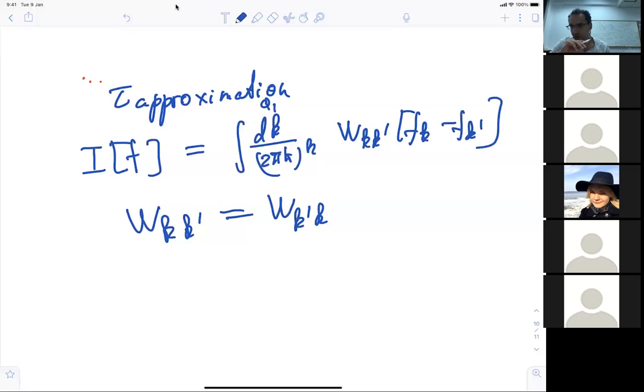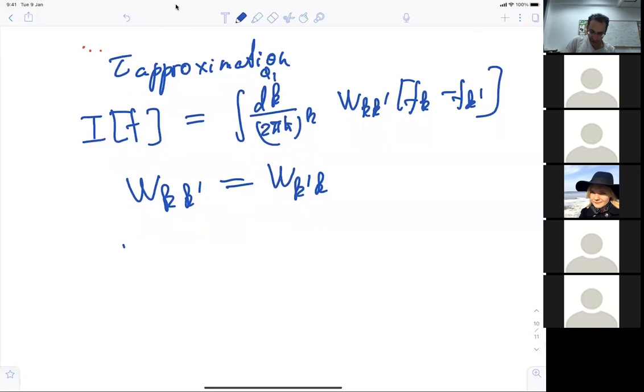So what they say is, let's replace this kernel by its diagonal part.